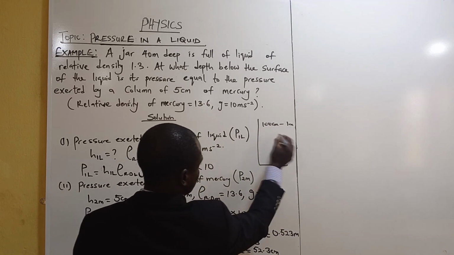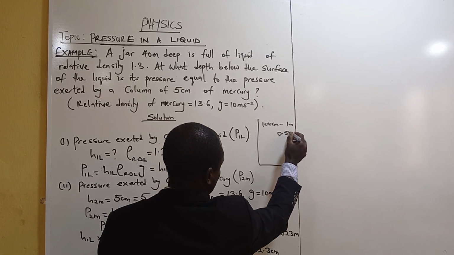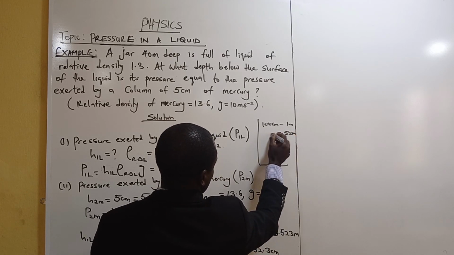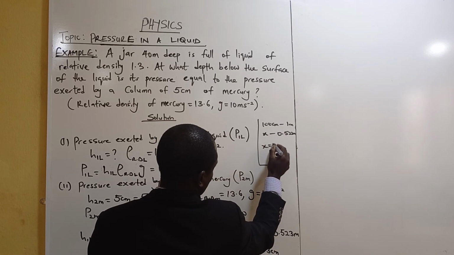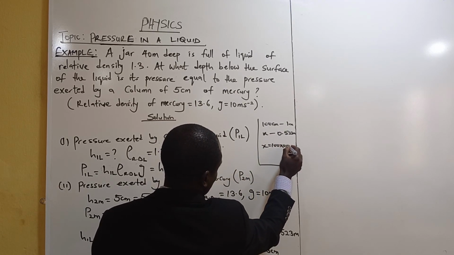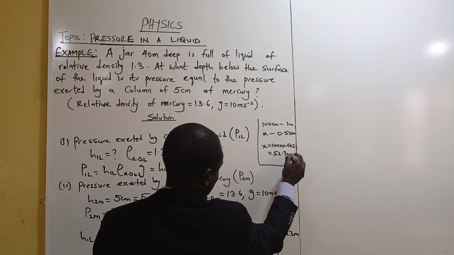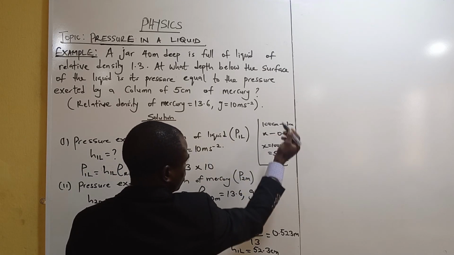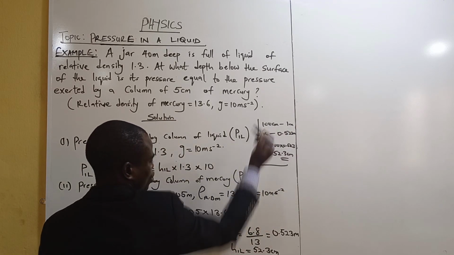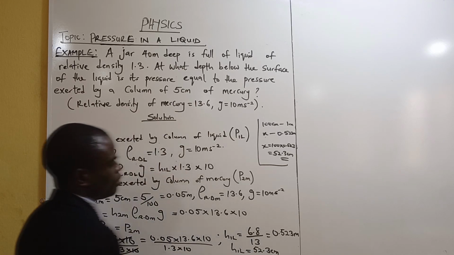So 0.523 meters to x, you just multiply by 100 times 0.523, and we have 52.3 centimeters. You can convert to centimeters by saying 100 centimeters make 1 meter, so how many meters will make x, in case you have to solve it in terms of centimeters.